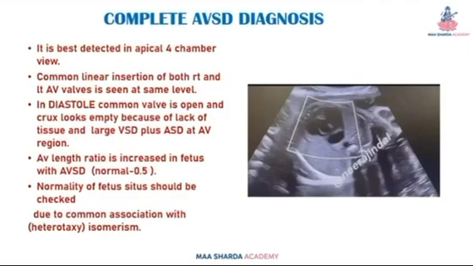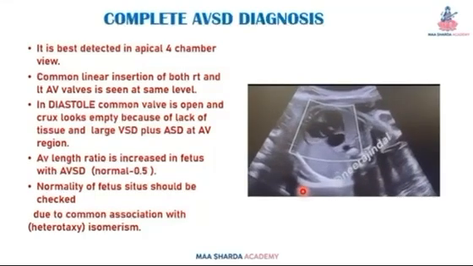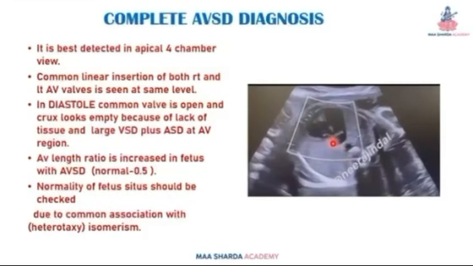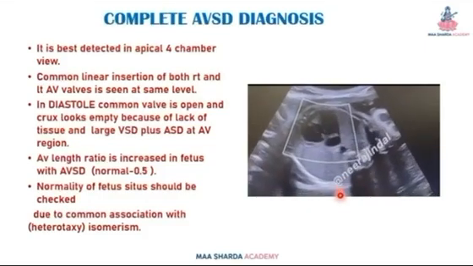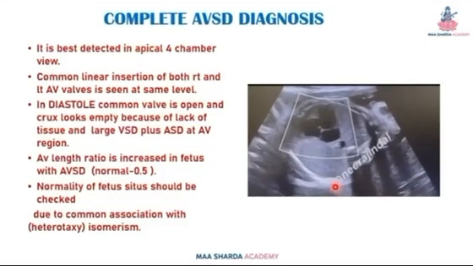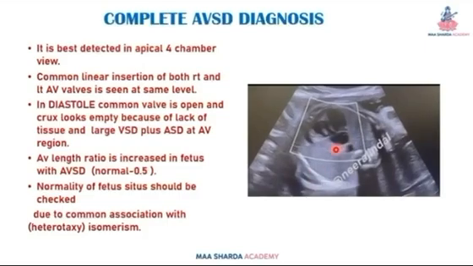It is best detected in the apical 4-chamber view. Common linear insertion of both right and left AV valves is seen at the same level. In diastole, the common valve is open and the crux looks empty because of lack of tissue and a large VSD plus ASD at the AV region. The AV length ratio is increased in a fetus with AVSD.